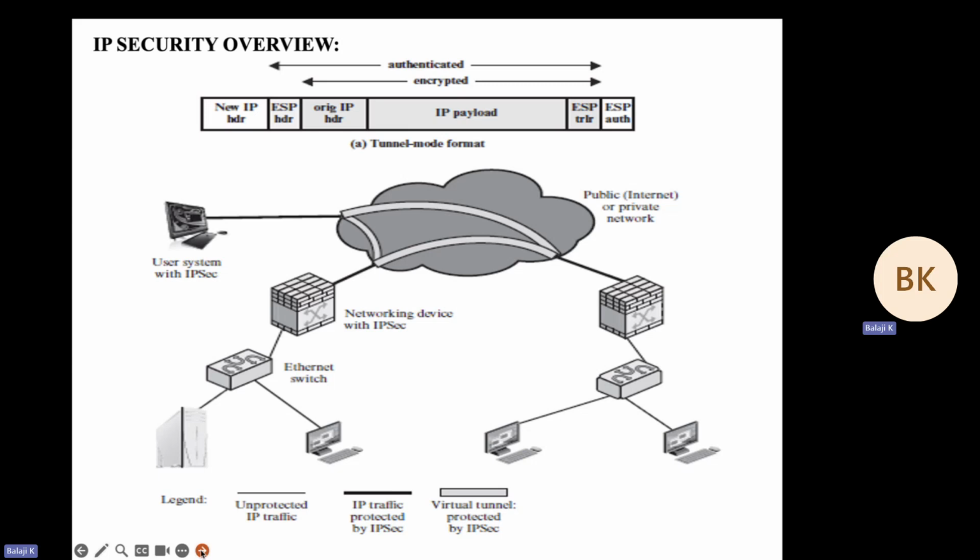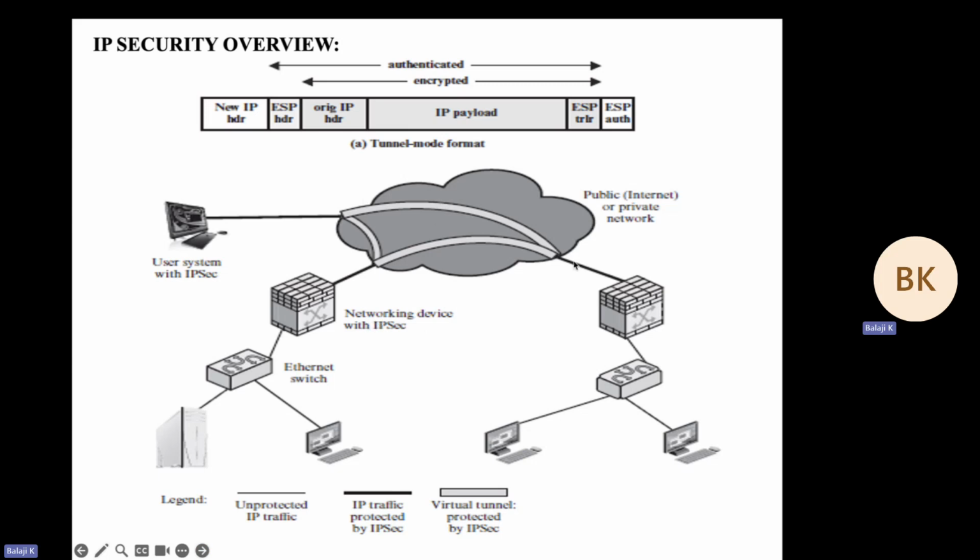Now we will see how IP security is provided between users. You can see the diagram. We have unprotected IP traffic, traffic protected by security, and virtual tunnels. These are the three important parts from one user to the other users. You can see switches and networking devices with IP security, and these are the users.